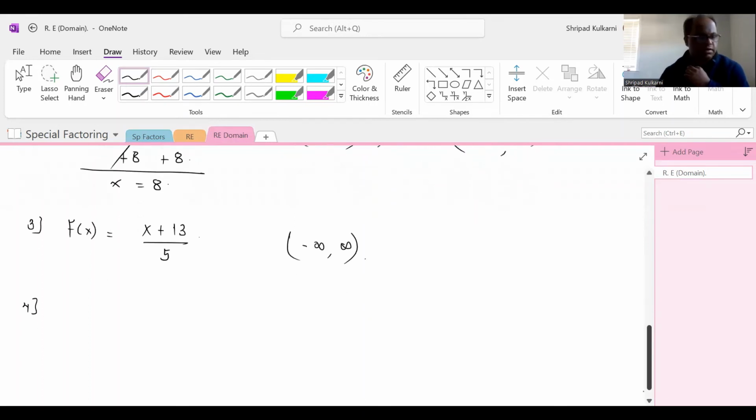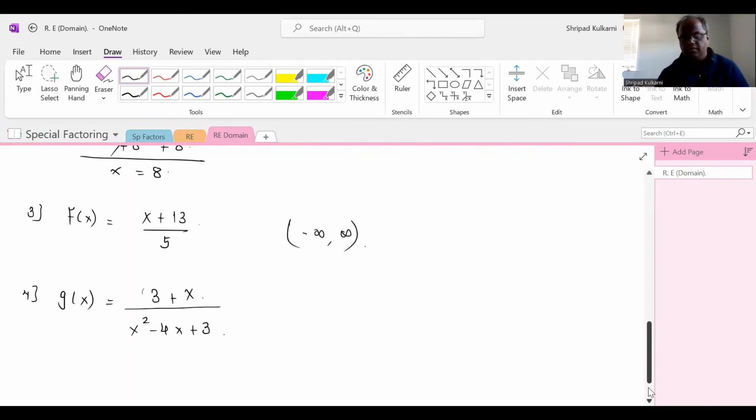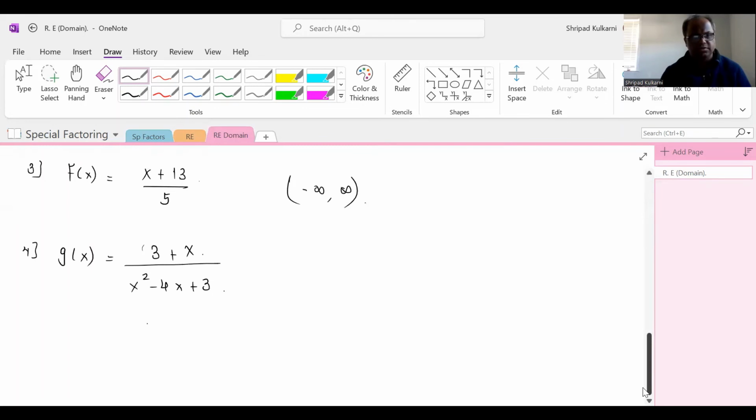And number 4. Let's say g of x is 3 plus x over x squared minus 4x plus 3. Now forcefully equate the denominator to 0. The factors for this are x minus 1 and x minus 3, equal to 0.